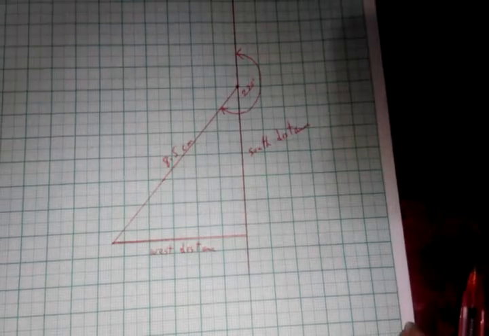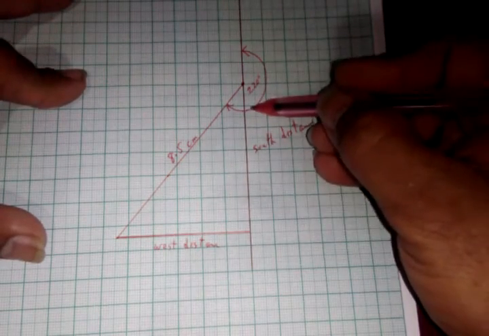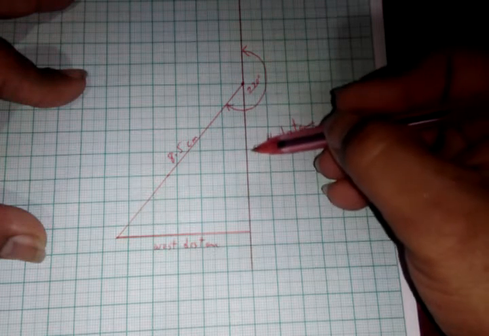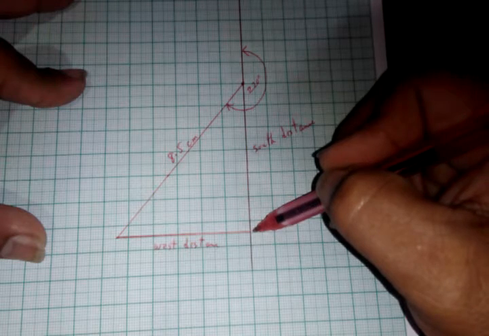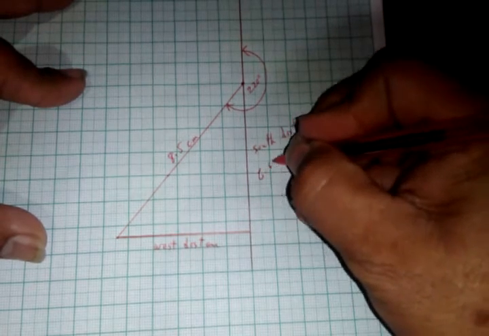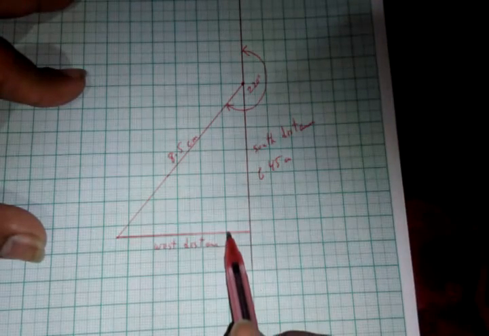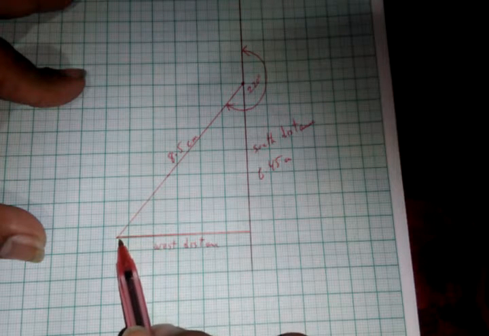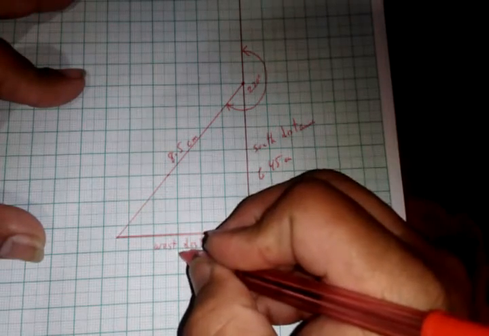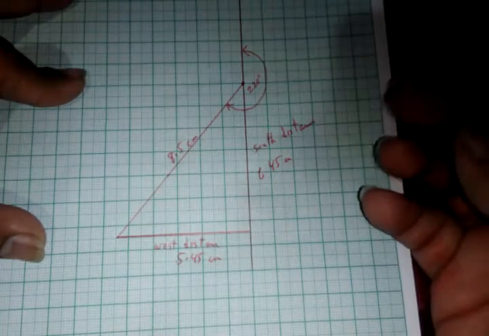We can see now, count our values: 1, 2, 3, 4, 5, 6 centimeters and 4.5, so it's 6.45 centimeters south. West now, 1, 2, 3, 4, 5, 5.45 centimeters. So what's our distance in kilometers?